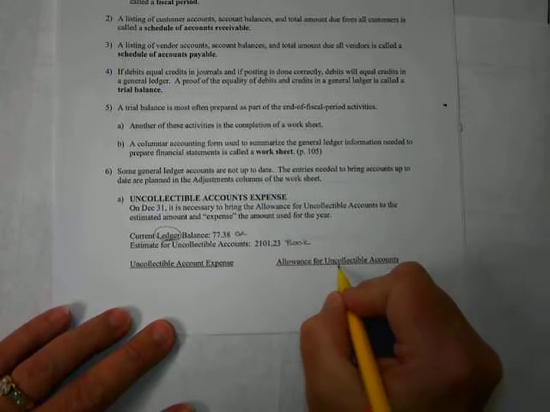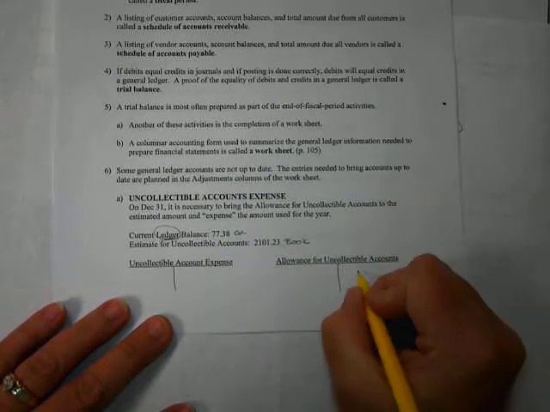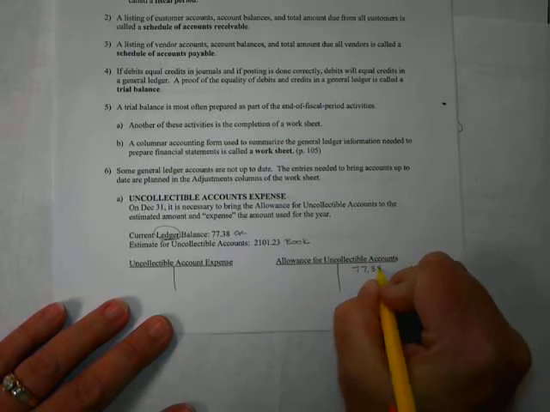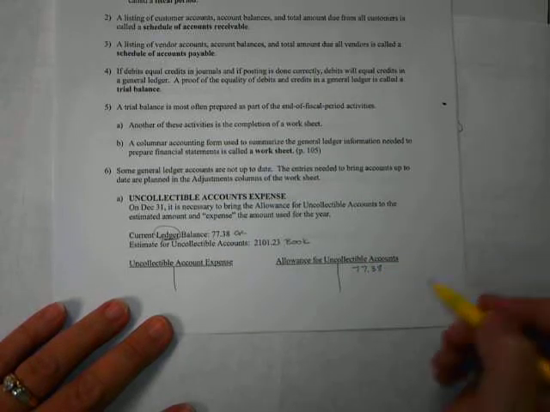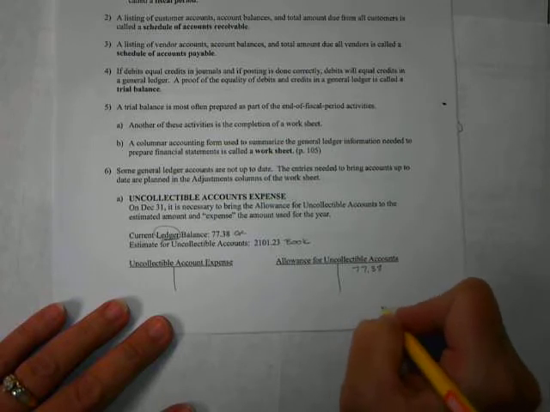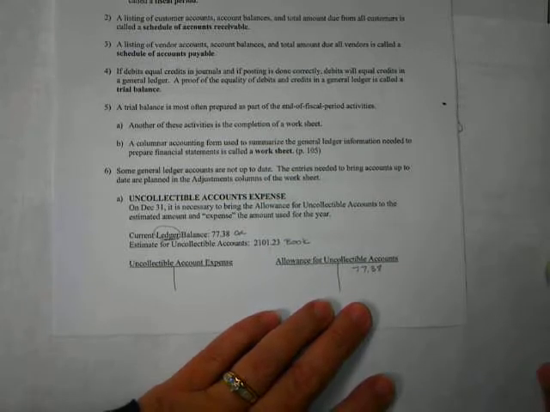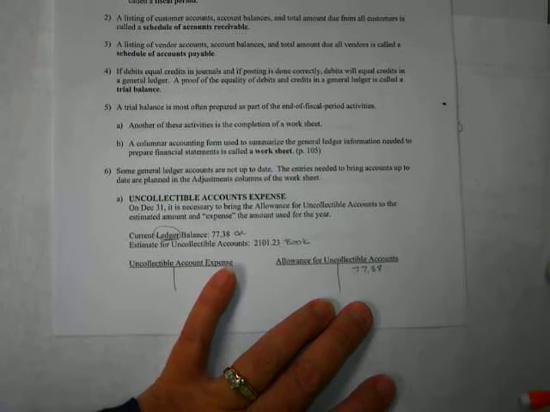If we were to make these T accounts, here's our current balance, and we need this to end up at 2101. So we'll need to actually do math: 2101.23 minus 77.38.